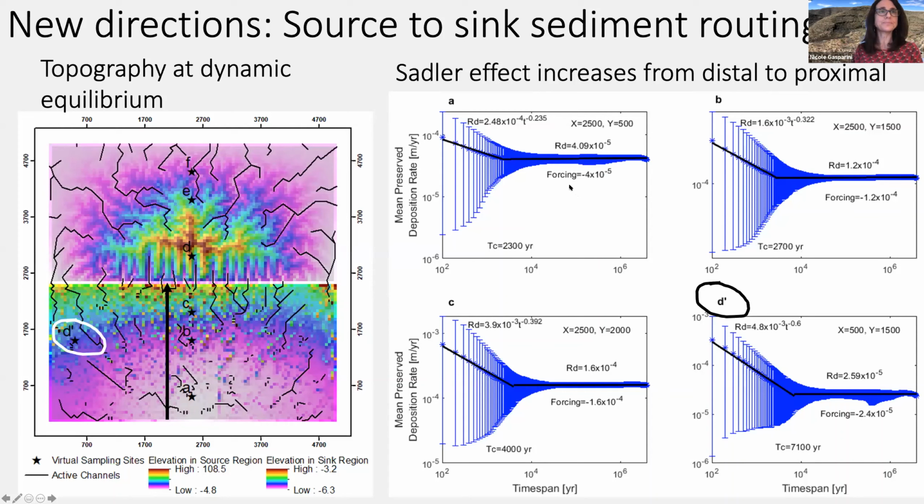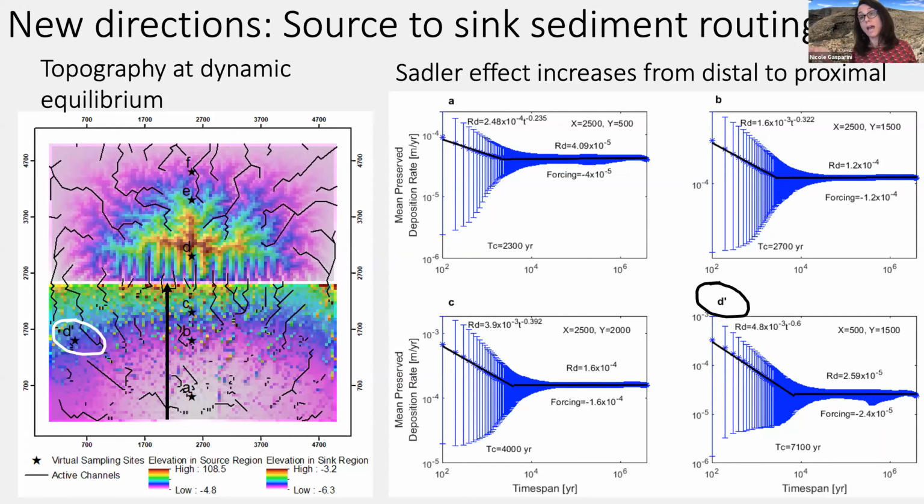So here, this is furthest from the fault, and here's proximal to the fault. Proximal to the fault, you have higher deposition rates, and you have a higher subsidence rate there too. And what you can see, this x-axis is the time span over which you're averaging. The longer your time span, the smaller your deposition rate.